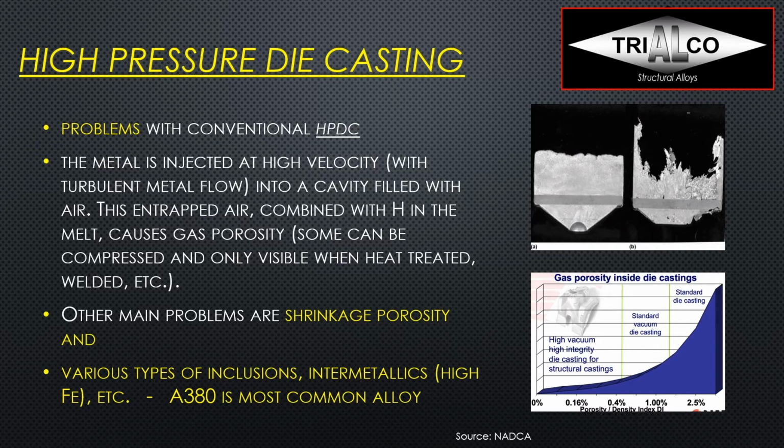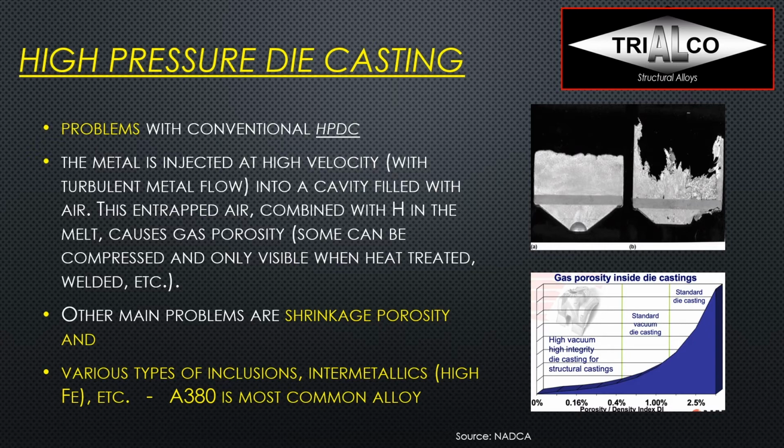To counter this, we usually have a high iron alloy, like A380, which is the most common die casting alloy. High iron also means it forms a lot of intermetallics and iron needles, which is how we see them in micrographs. These can block the flow, and they will be stress risers later on. So there are a lot of problems there, but for most applications we don't really care.